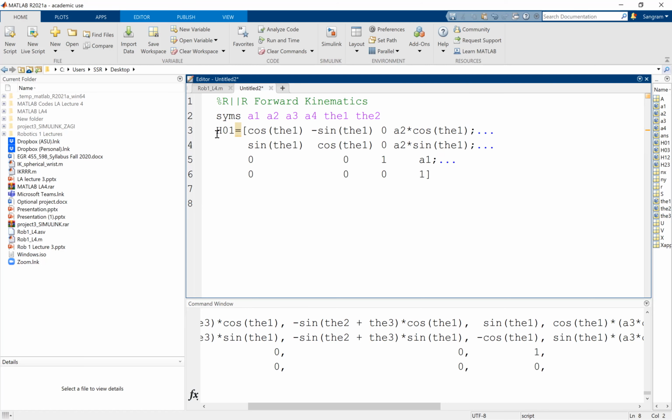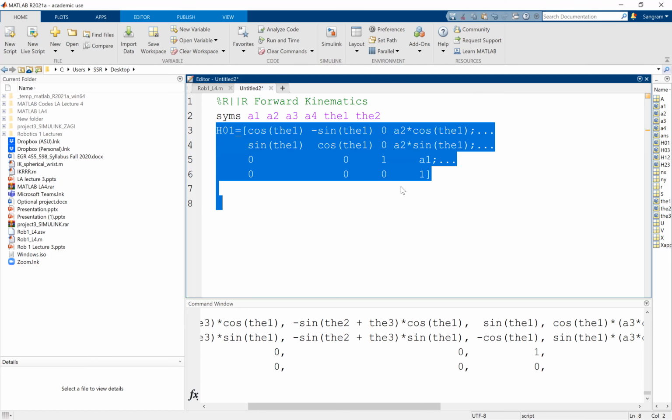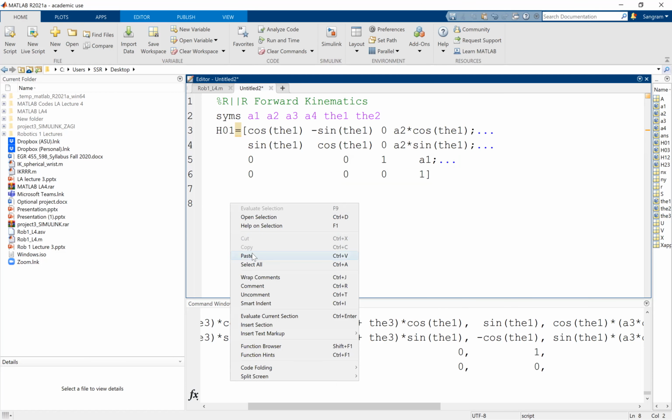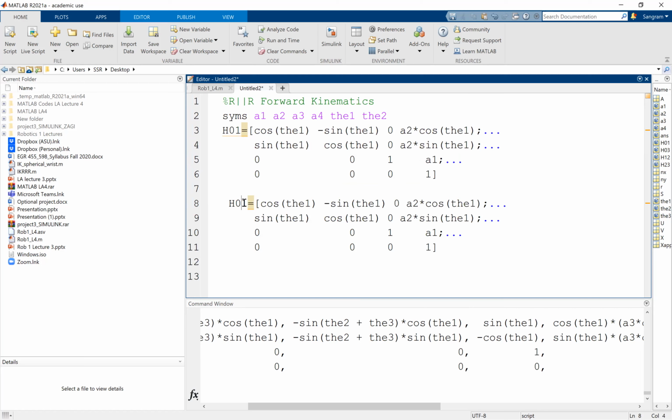I'm going to be lazy and I'm going to copy. I want you to see the notes. Can you see that your H01 is similar to H12, except now I have theta 2? Copy, paste. So I'm going to make changes 1 to 2. This is going to become theta 2, theta 2.